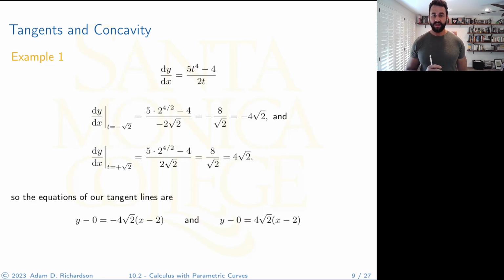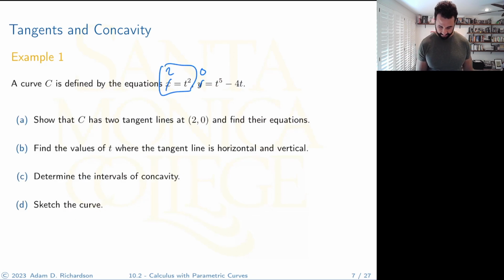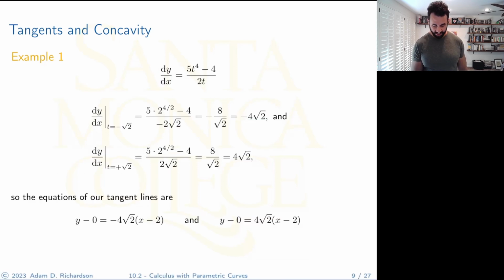All right, now we want to find the equations of the two tangent lines at the point (2, 0). That was the next part of the question, right? Find the equations of the tangent lines. So here we go. We're going to take our formula for dy/dx, and we're going to substitute the two values of t. So we're going to plug in t equals negative root 2.